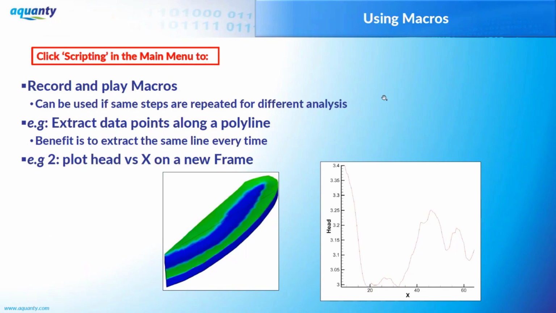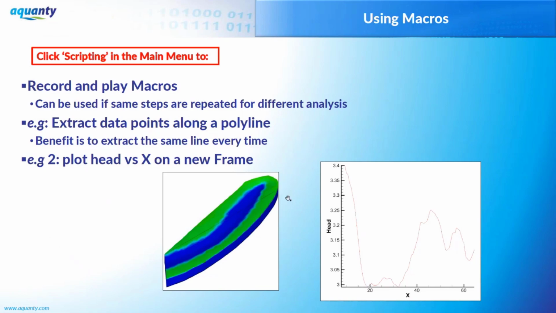Okay, macros. I'm not going to go through this one, but what you do through macros is, let's say that you have something that you are going to repeat on several layout files for Tecplot. You start with your first file, you load your files, and then you start recording, you do something, and then you stop recording and save the macro.